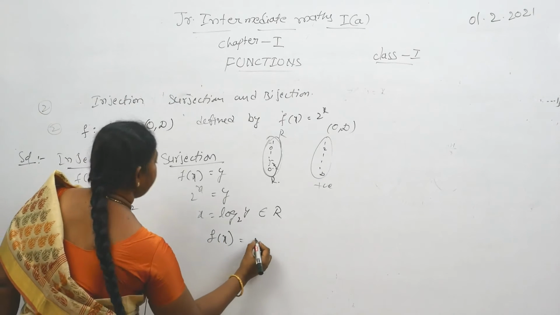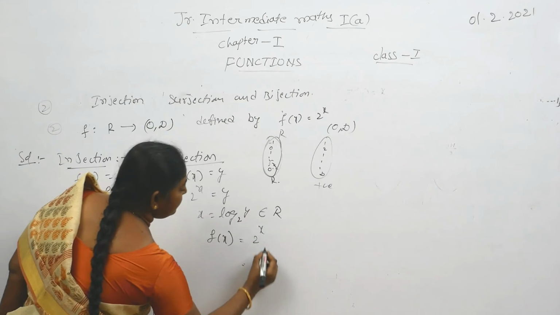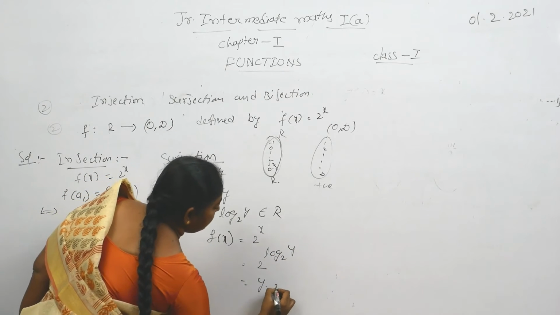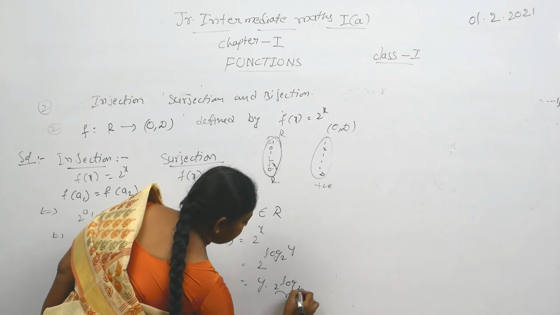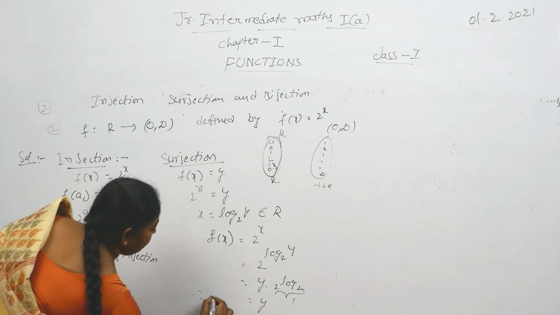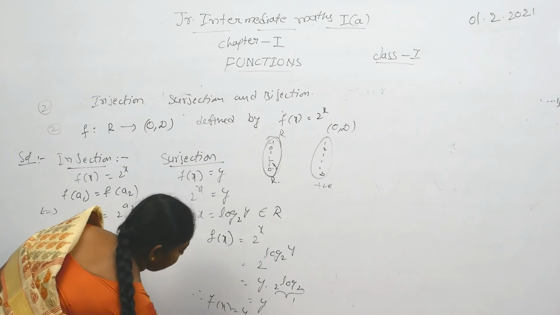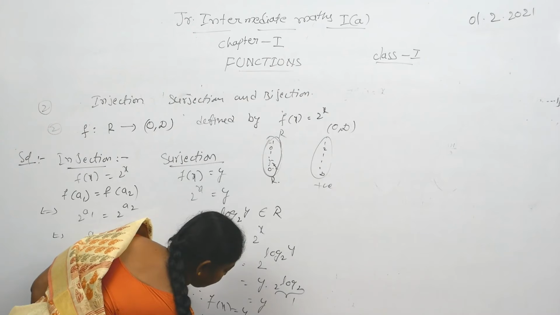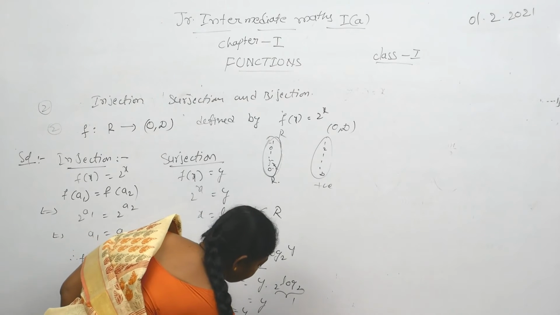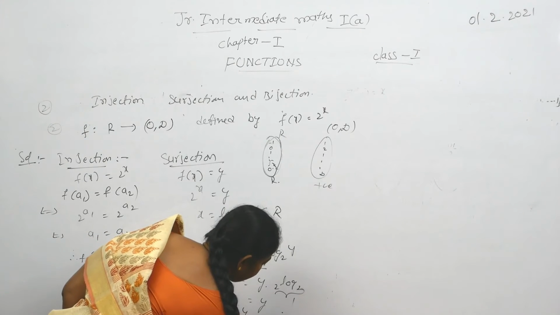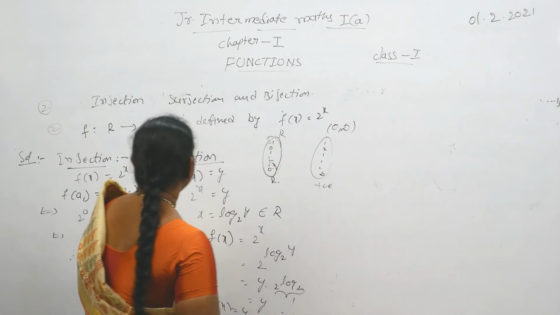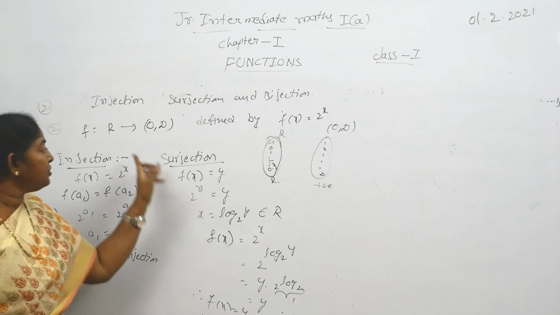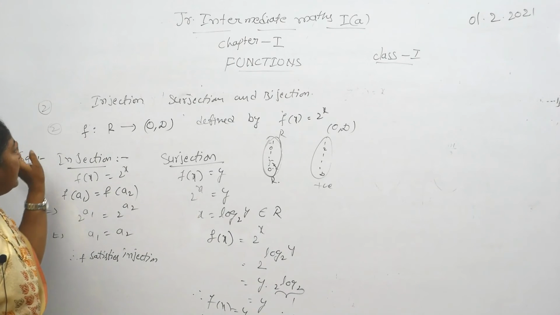So f of x equal to 2 power x, so 2 power log y base 2 equals y. So this is 1. So that equals y. Therefore f of x equal to y. Therefore f satisfies surjection. Therefore f satisfies both conditions, injection and surjection. So this one satisfies bijection.